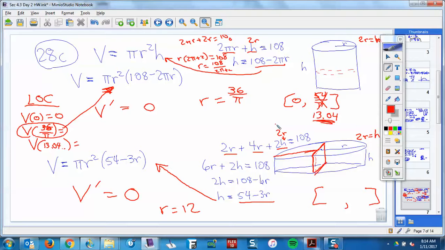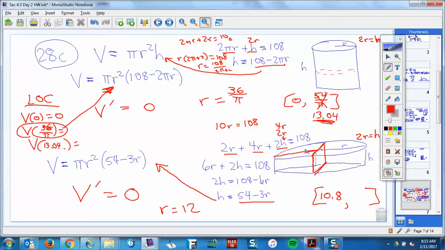So that would make that 4r, so it'd be 2r, 6r, 10r. 10r equals 108, so r would be 10.8. So the smallest r could be here would be 10.8, because when 2r and h are equal is when you shift from one to the other. So 10.8 would actually be the smallest.